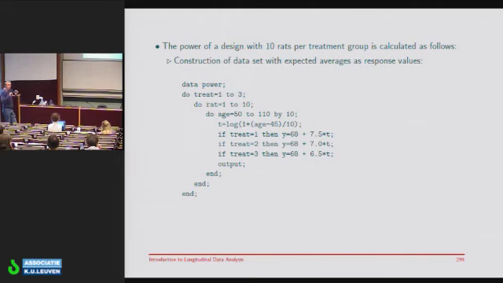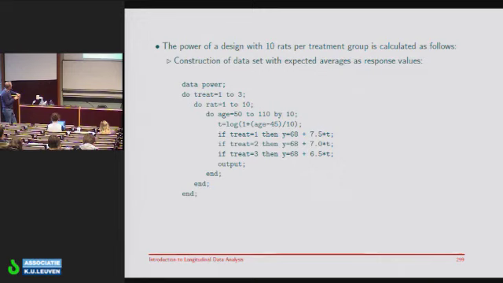And then I need to define my responses. So up to here, my design matrix has been specified: the time points at which measurements are taken, how many subjects, how many groups, and things like that. Well, now I need to specify my outcome, and my outcome is the predicted mean that I want.